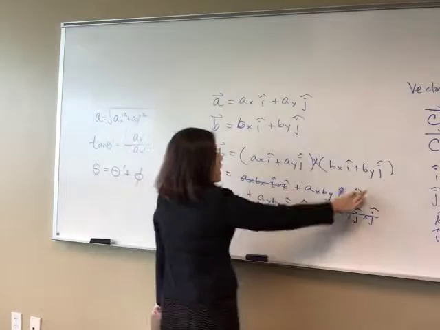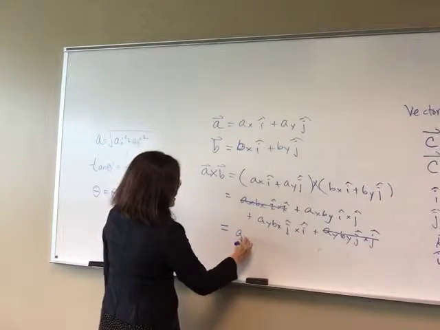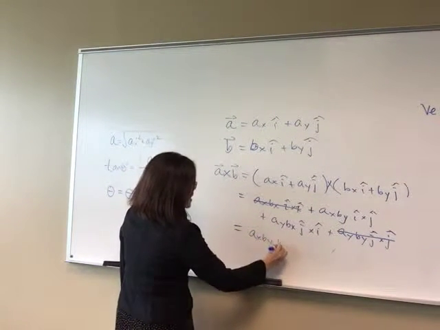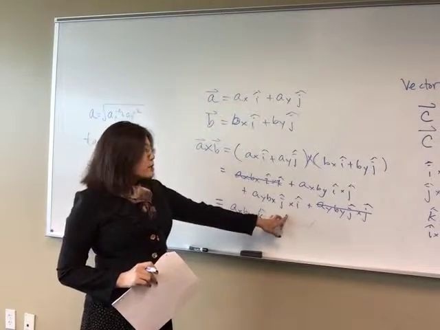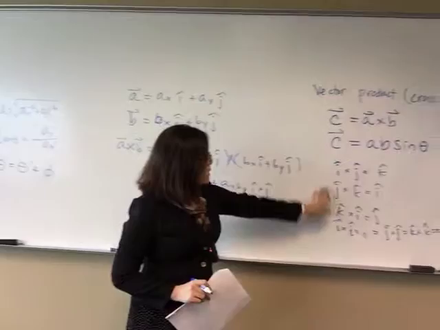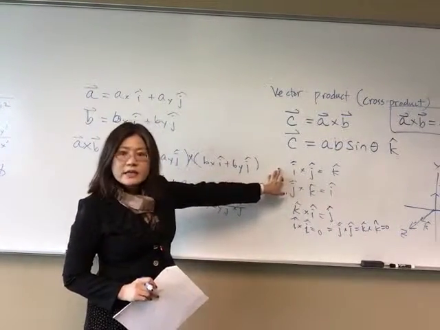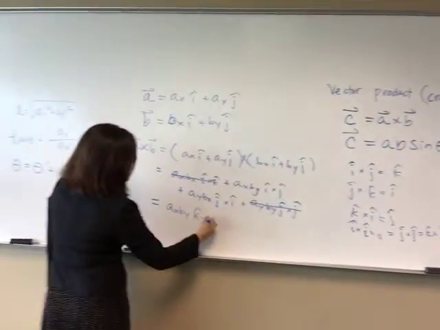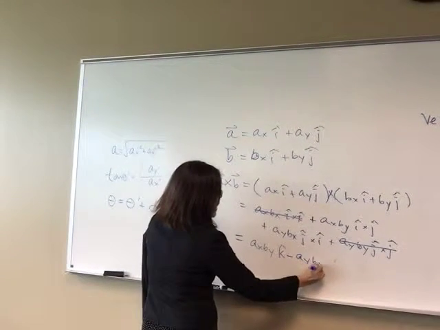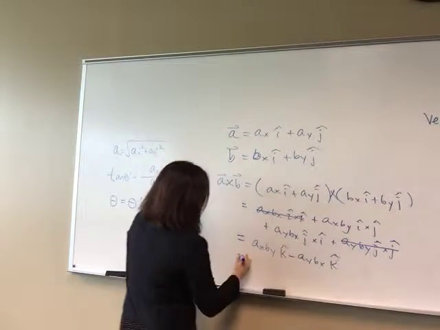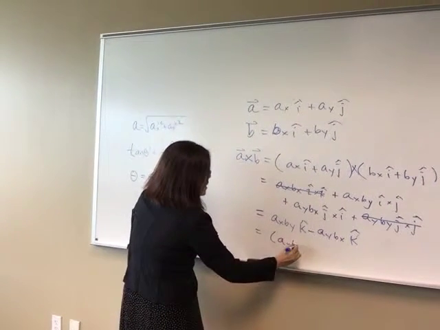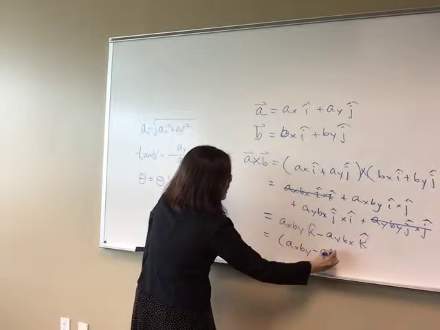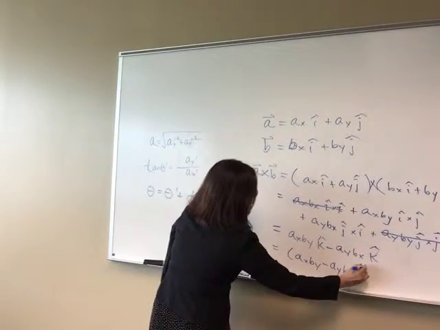Now, i cross j gives you k, so you have ax by k hat. And then j cross i gives you negative k, so you have negative ay bx k hat. So the final result is ax by minus ay bx, times k hat.